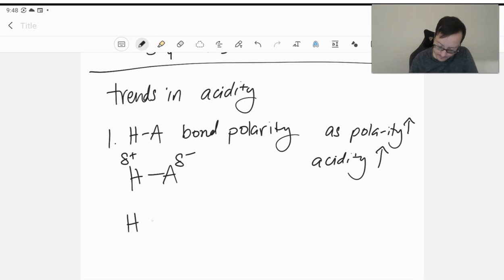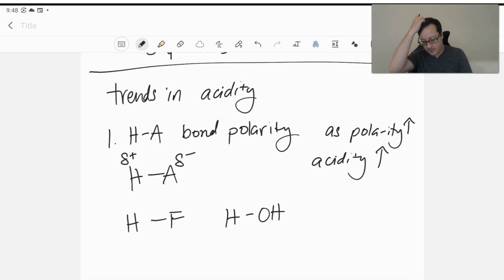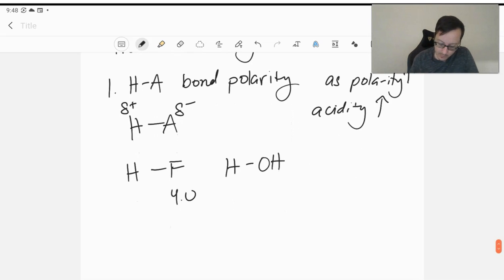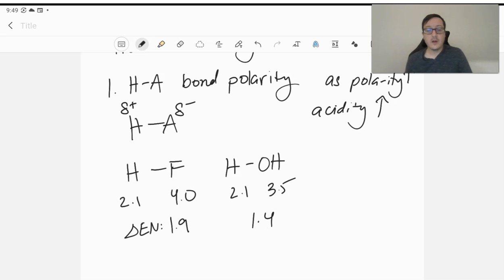For example, if we consider these two, the difference in electronegativity for HF is 1.9, or for water, it's 1.4.